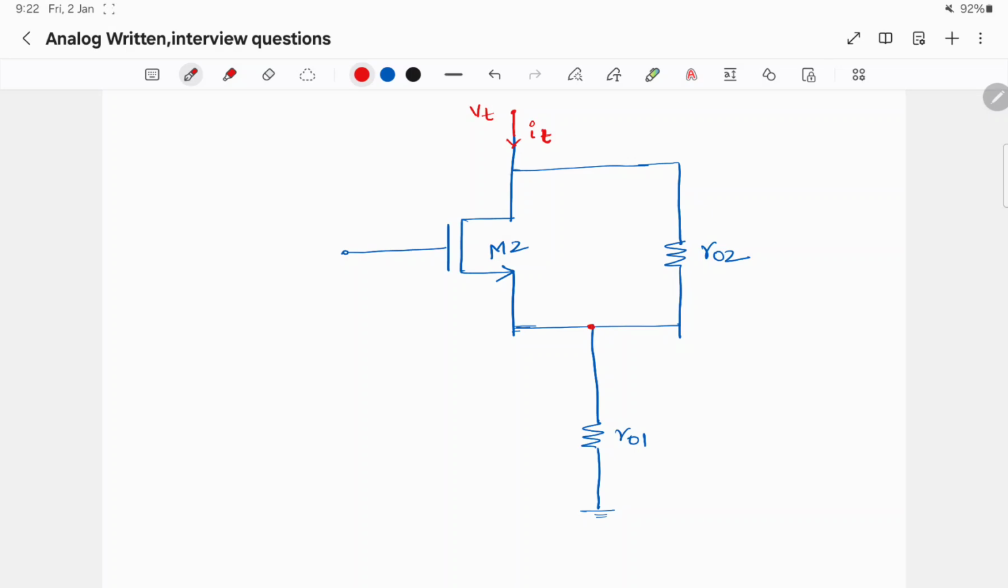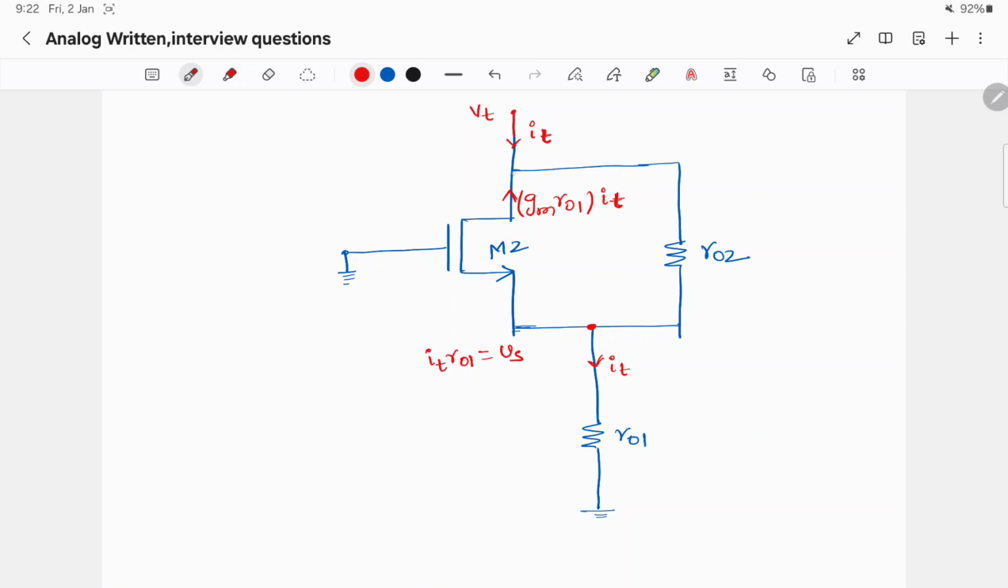The current flowing here is IT and this node potential is IT times ro1. The gate of M2 is tied to ground and the source potential is IT times ro1, so the current flowing in the above direction is gm2 times ro1 times IT.